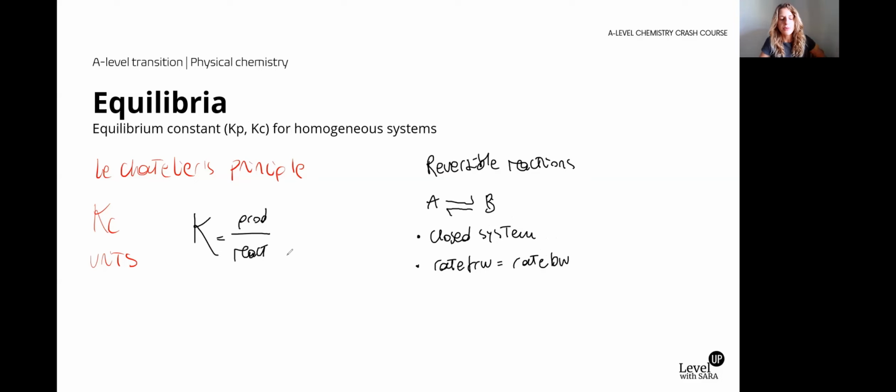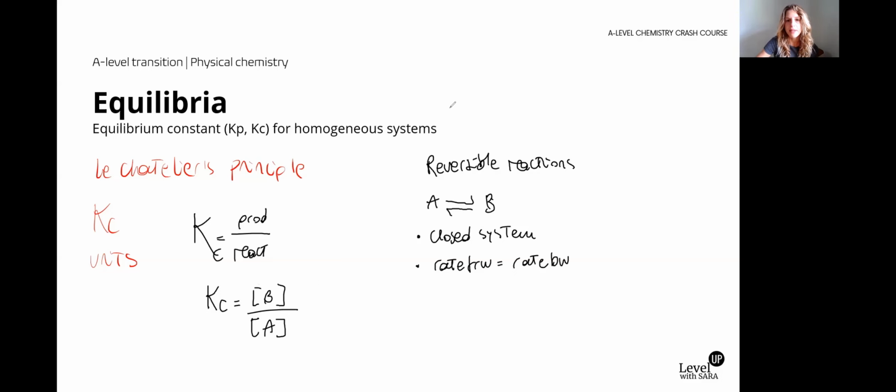So for Kc, we are determining the concentrations. Let's take this example, Kc being equal to the concentration of the product, which in this case is B, over the concentration of the reactant. Okay, so the value of this would tell us a bit where the equilibrium is lying.